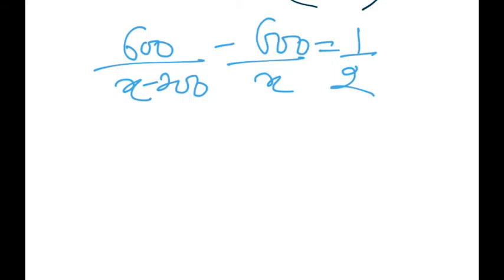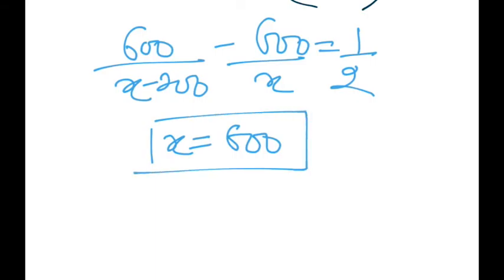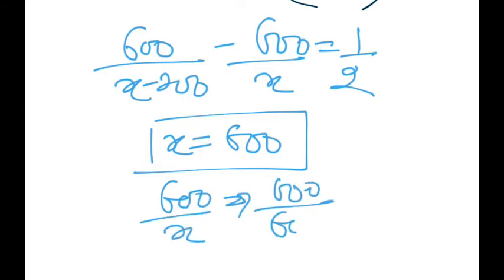I'm just writing the final answer here, which is that the value of x would be 600. So the duration of flight would be 600 by x, which is 600 divided by 600, that is 1 hour.